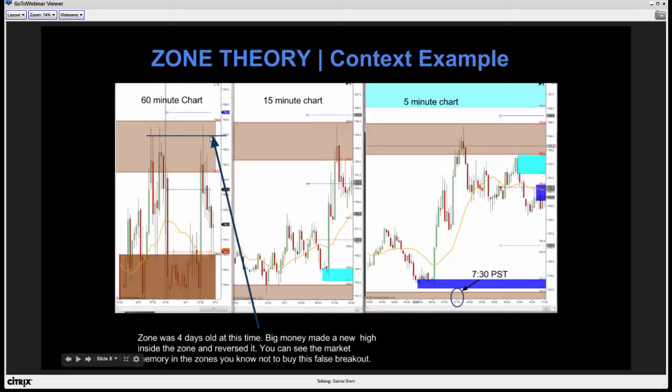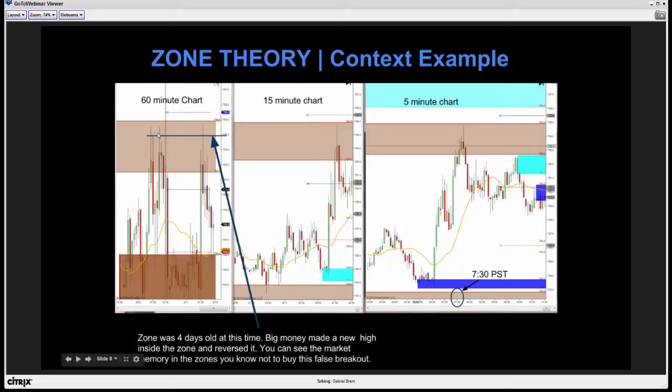For a case in point, we have a 60-minute chart, 15 and 5-minute charts, and you can see the brown level. Brown levels, if we go back a few slides before, mean that price has been there 4 times or more. So we know that this level has been retested. And the big institutions pushed it above a little double top.